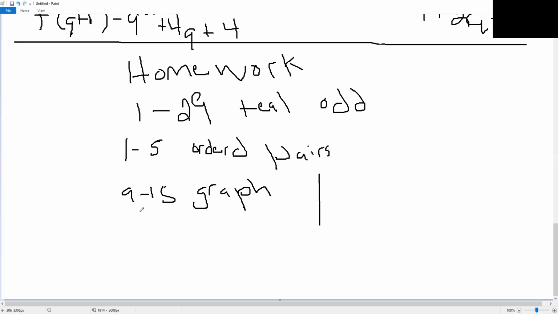On number 17 through 23, all you have to do is determine if it's a function algebraically. Now, remember, the way you determine that is if it has the plus or minus as part of the answer. If it has that, then it is not a function.